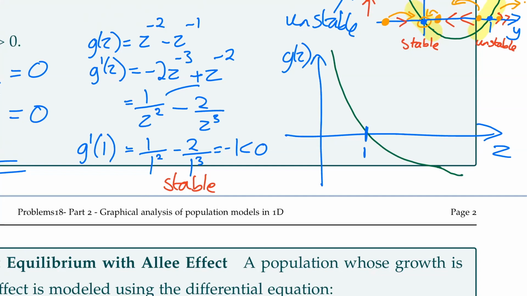We know that the gradient through that point is negative for our g of z. So remember, when this green line is above the axis, we're going to be moving to the right. When it's below the axis, we move to the left. And so we can see that any small perturbation away. So imagine you're sat at this point and you nudge this ball away from there. Because the arrows, whichever way we nudge it, because the arrows point towards it, we move back. Okay, so this is stable.